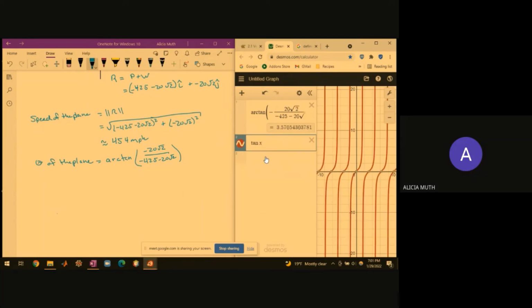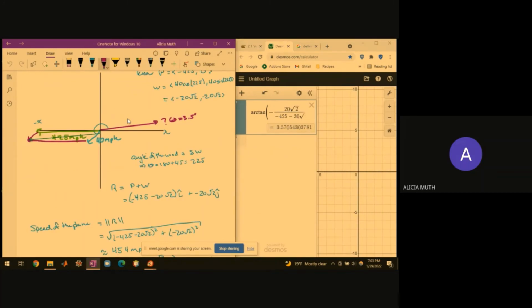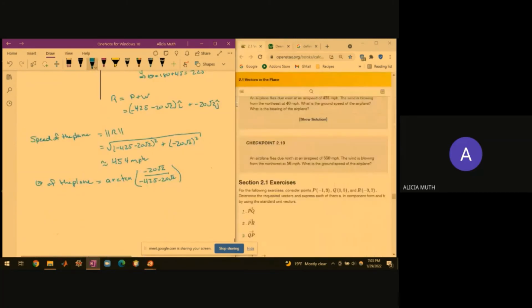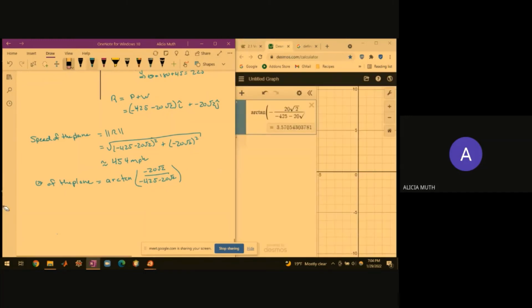So we want the opposite of that, and we can see that visually right here. So we want the 3.5 degrees to be below the west value. Below, right, so south of west, that's our final.